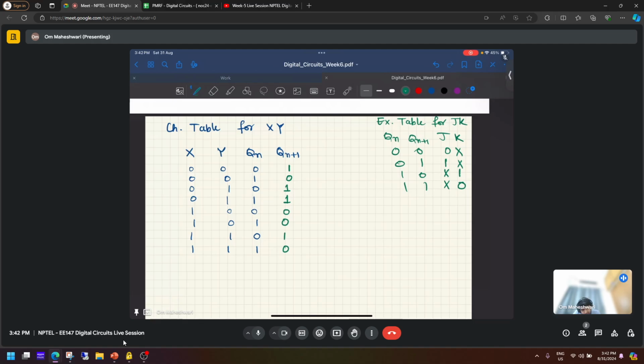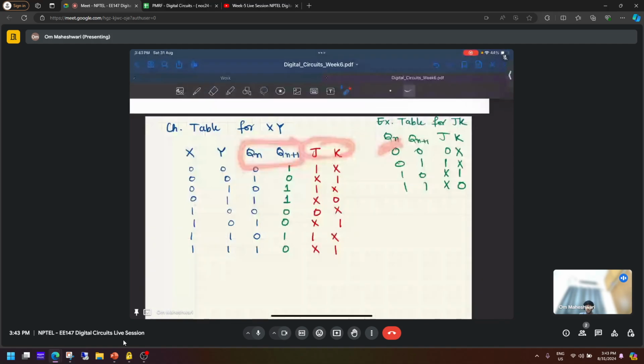When it is 0 1, it is 1 cross. 1 0, it is cross 1. 0 1, it is 1 cross. 1 1, it is cross 0. 0 0, it is 0 cross. 1 0, it is cross 1. So we have written J and K in terms of Qn and Qn bar using this table.